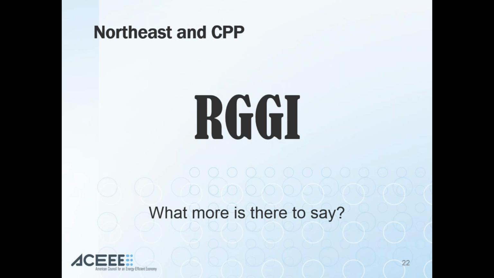And if you follow the price of RGGI allowances, you have seen that they've been pretty steadily increasing as the rulemaking progresses. And I think that is reflective of the assumption by so many people that RGGI is going to be the mechanism that these states use to comply. And I think that's a very reasonable assumption.